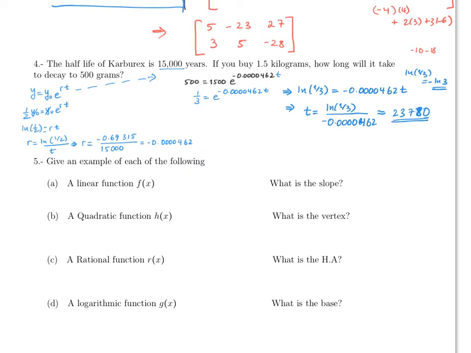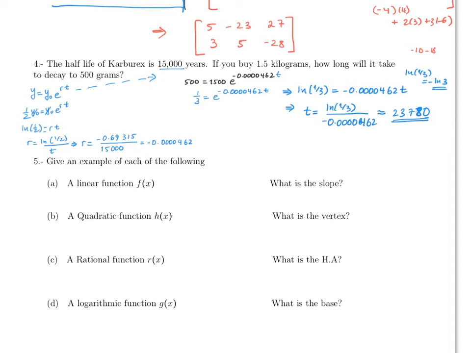And again, like I said in participation 4, you should always check that your answer makes sense. If you start with 1500 grams, and it takes 15,000 years to get to half, so in 15,000 years, you should have 750 grams.